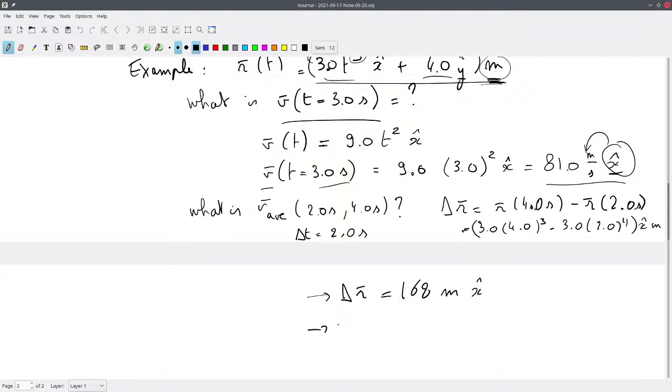And then when you calculate v average, that's delta r over delta t. That's going to be 168 divided by 2, and that is 84 meters per second in the x direction. So if we compare that, we see that the average velocity is 84 meters per second in the x direction. The instantaneous velocity is different.